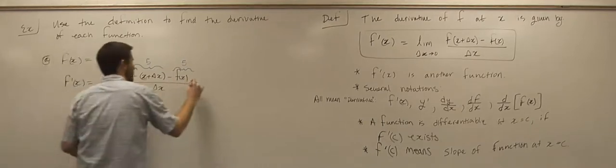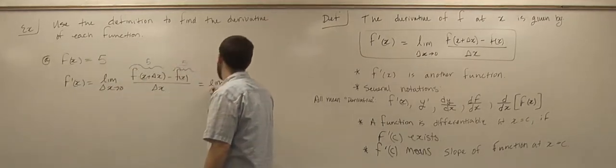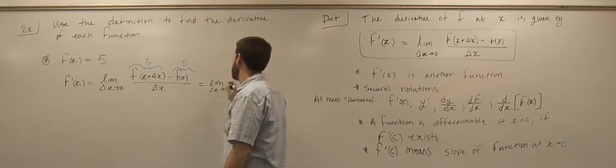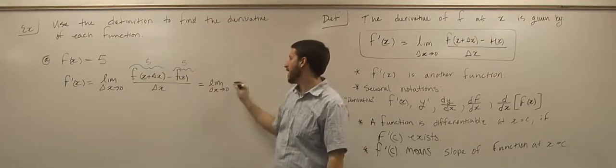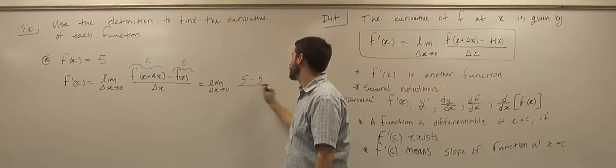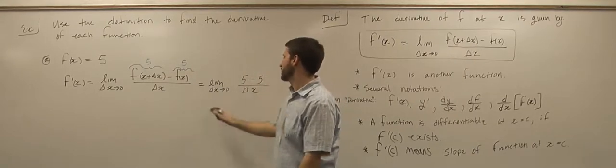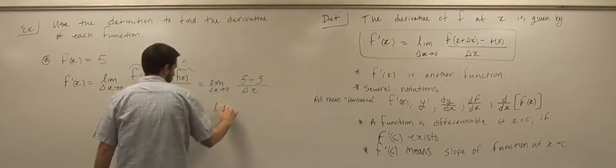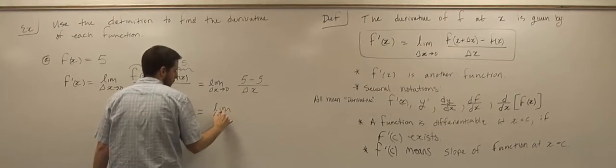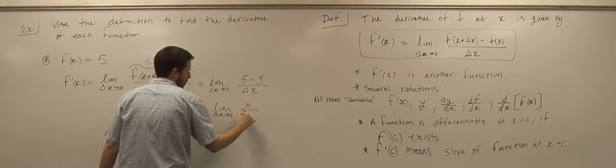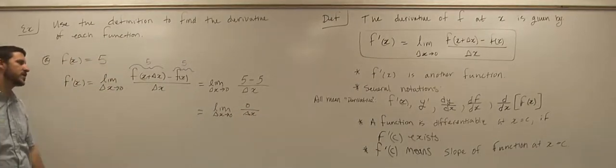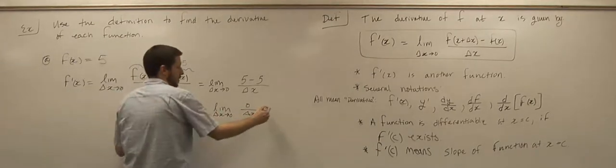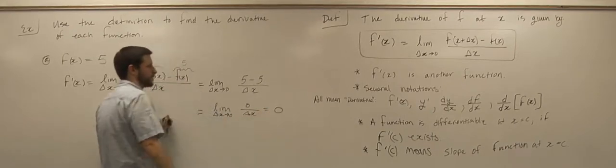So altogether, this limit just becomes 5 minus 5 over delta x, which is 0 over delta x. 0 over anything is still 0, no matter what. There's no trick to that.